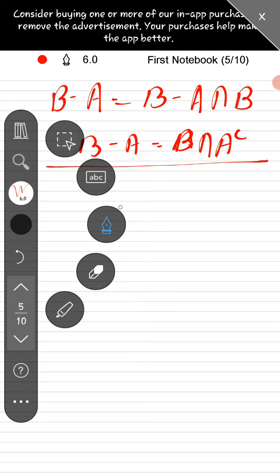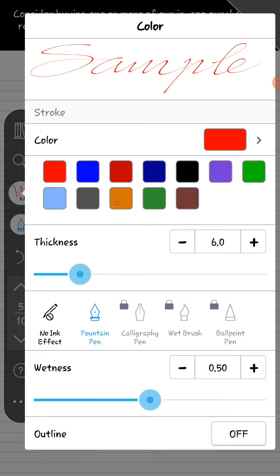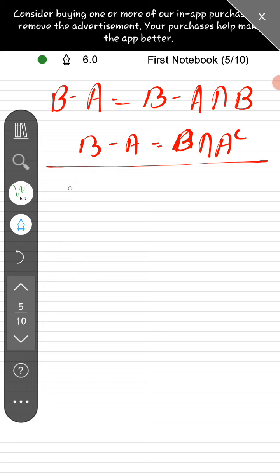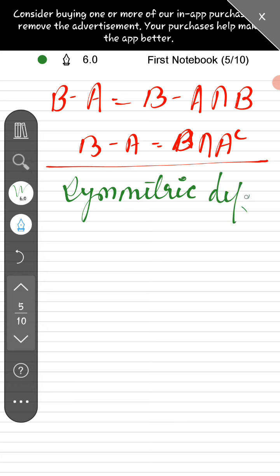Now we have to go to symmetric difference of two sets, right? So what is this and how are we going to represent it?